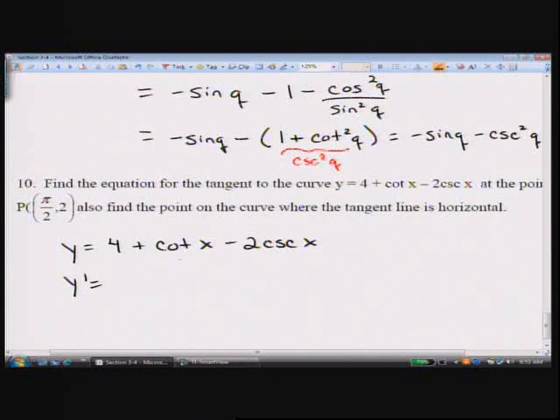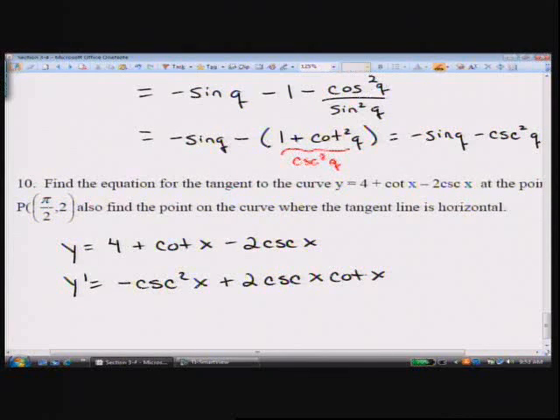The derivative of cotangent we learned is negative cosecant squared x. The derivative of the cosecant we learned is negative cosecant x cotangent x. So this is going to make this plus cosecant x cotangent x.